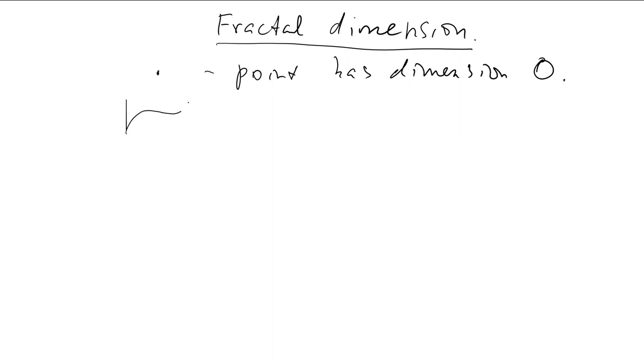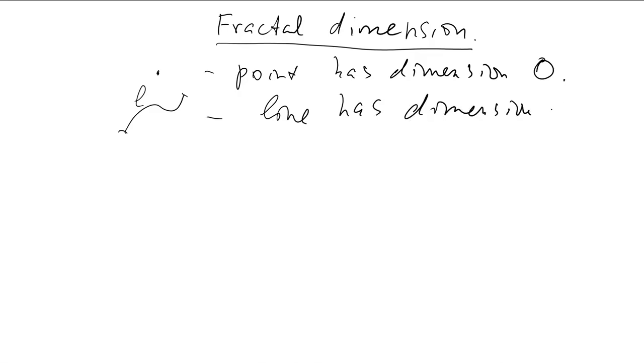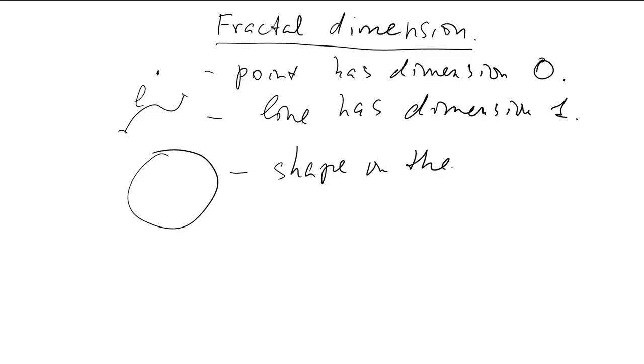Now if we consider a line, it has length L, and a line has dimension 1. Similarly, some planar shape on the plane has dimension 2.